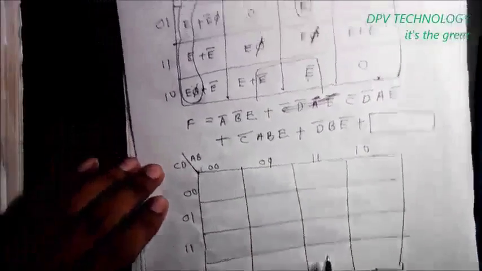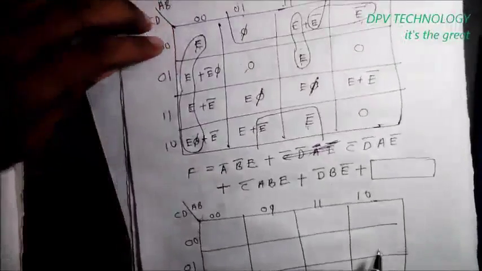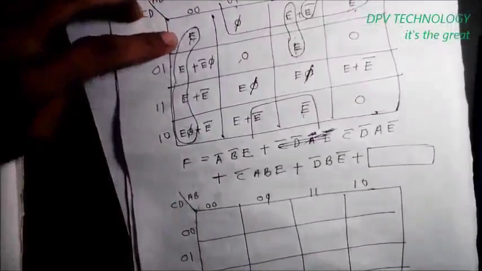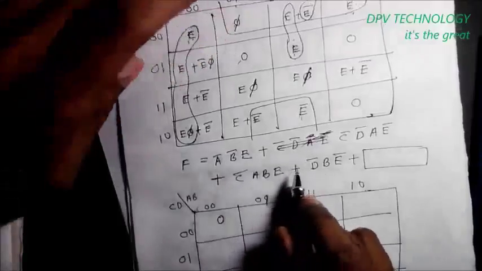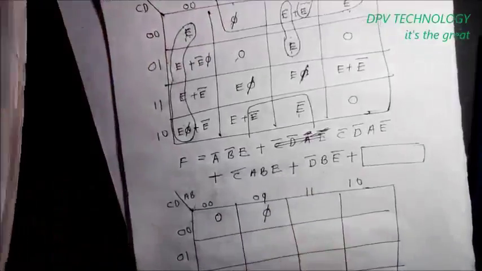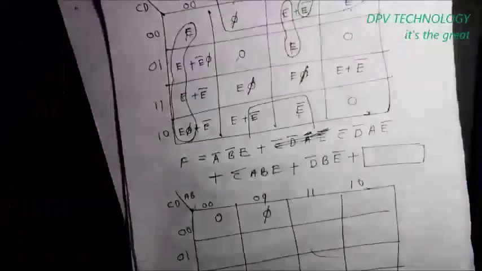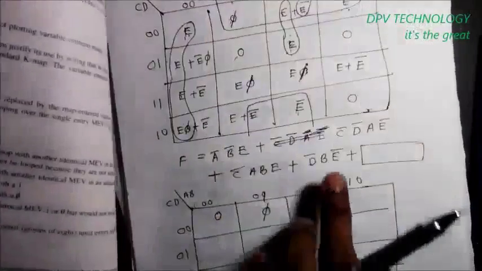1110. Now according to our rules, this will become 0, this don't care will remain as don't care. Now this is completely covered, this E is covered with this E and this E bar is covered with this E bar, so it is completely covered.